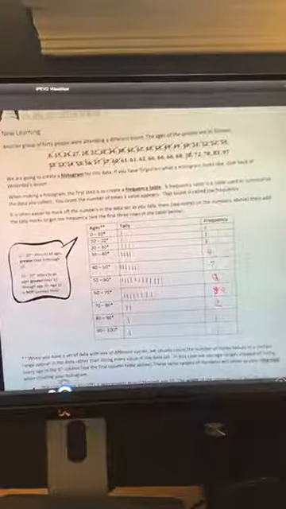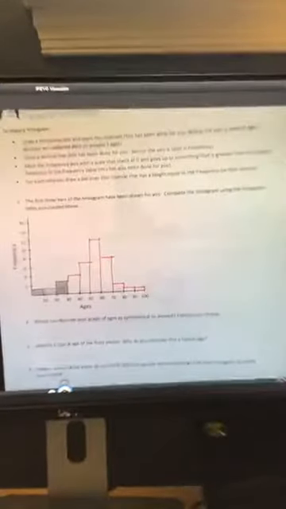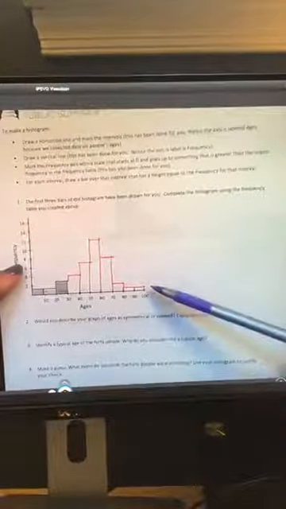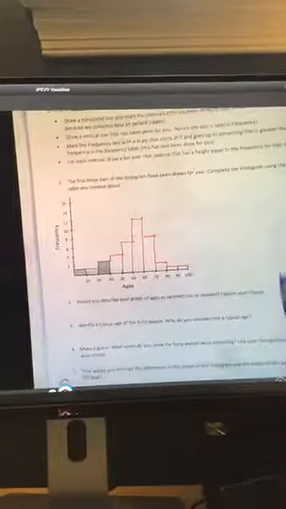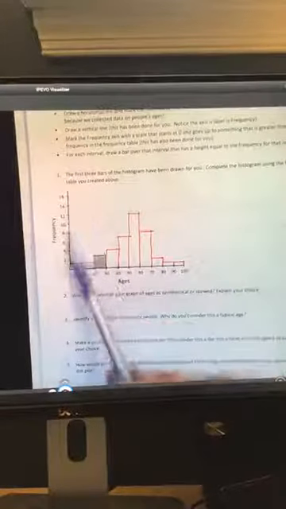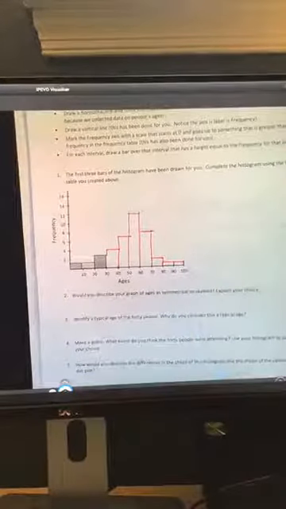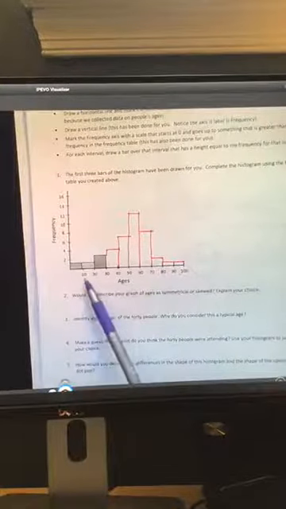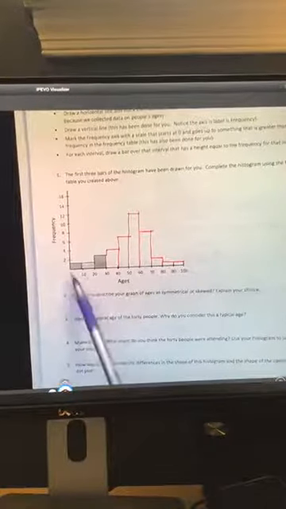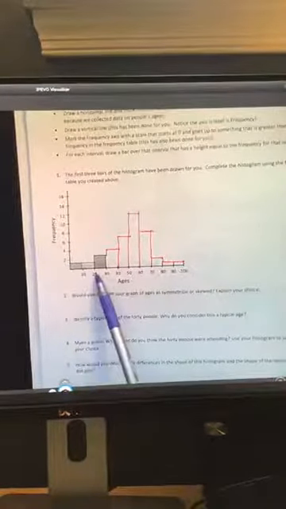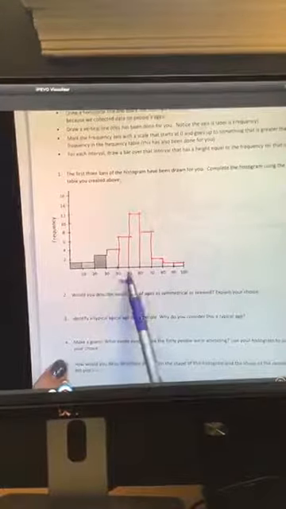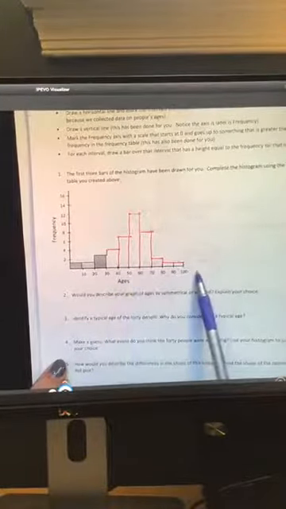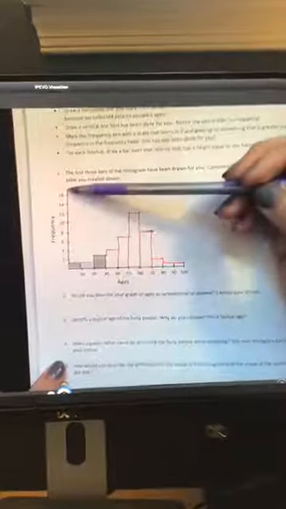After I set up this tally chart, I flipped to this page and made the histogram. I set up a graph like we normally set up a graph. I put my age ranges, so 0 to 10, 10 to 20, 20 to 30, 30 to 40, 40 to 50, 50 to 60, and so on.